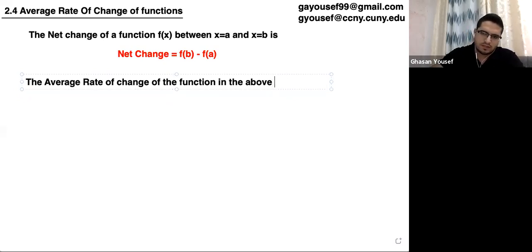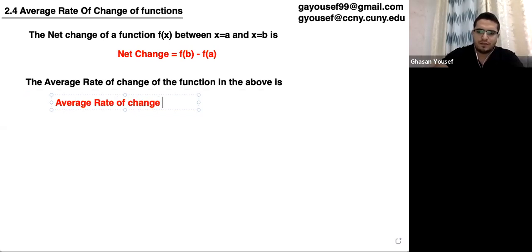So I can define the average rate of change as follows: average rate of change equals the net change between these 2 points over two things, over what?